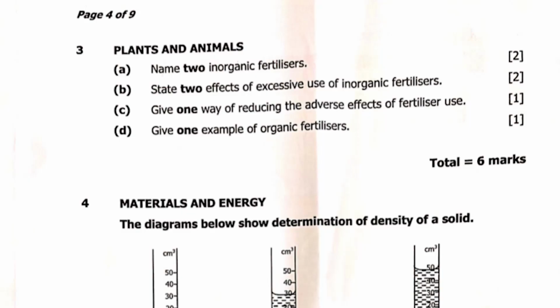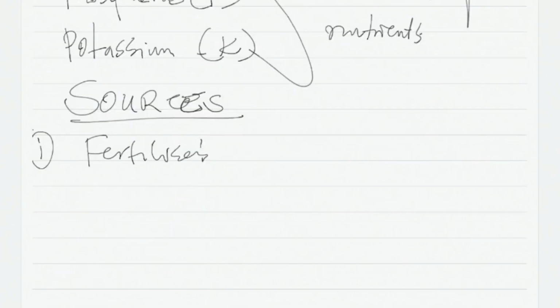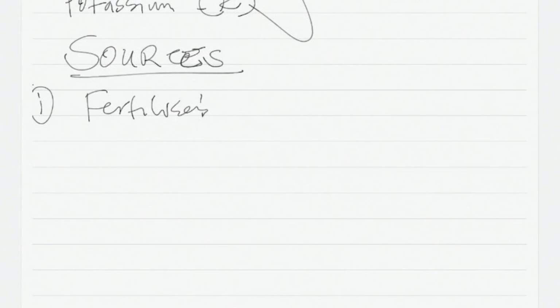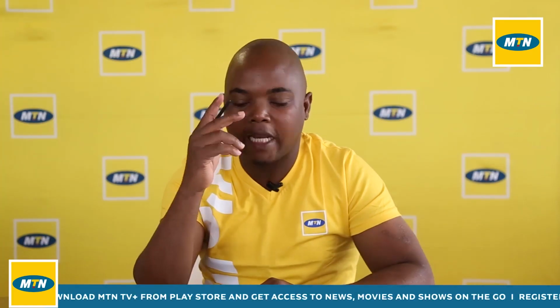Now, where do we get these? Where can we find these sources of plant nutrients? These can be found in fertilizers. These fertilizers can be categorized into 2 classes.